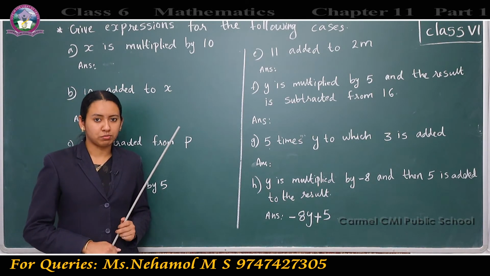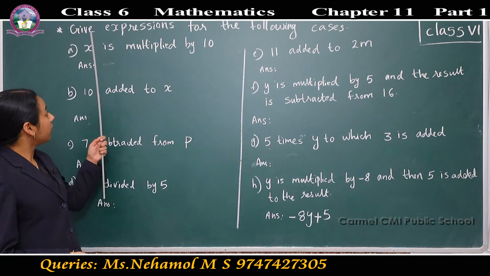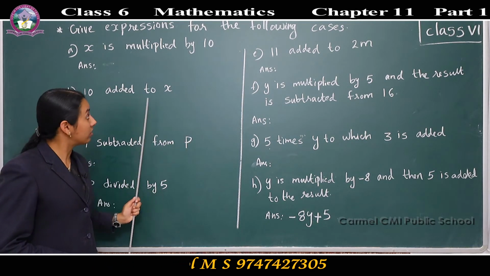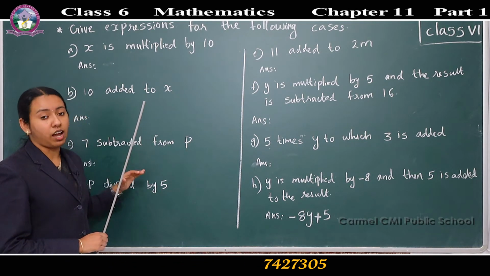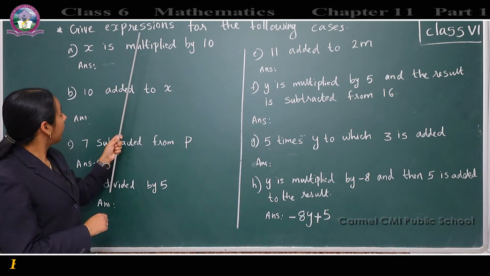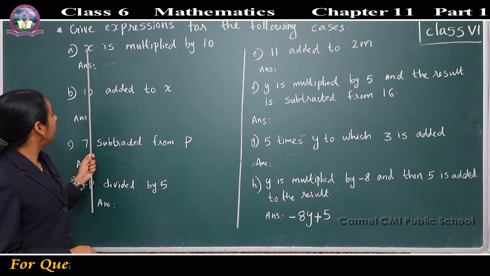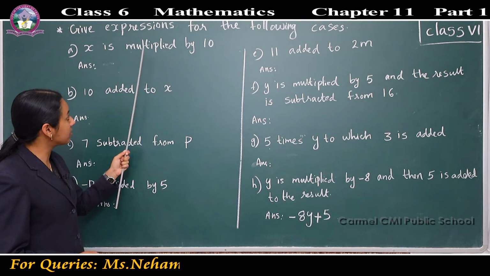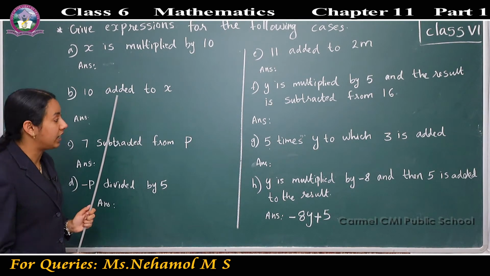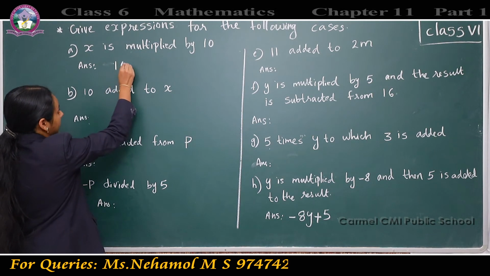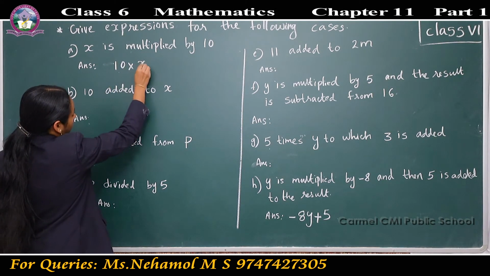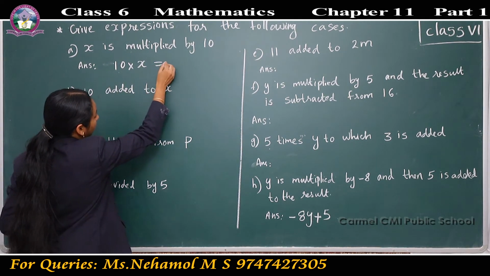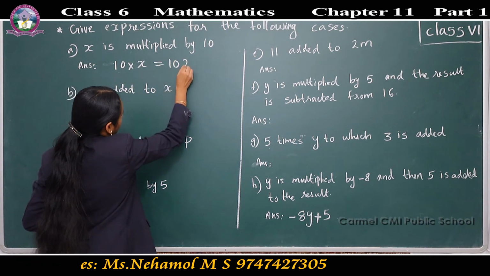Now, we can go through one question. Give expressions for the following cases. Some statements are given here. We have to write expressions. First one, x is multiplied by 10. 10 into x. x multiplied by 10 is equal to 10x.